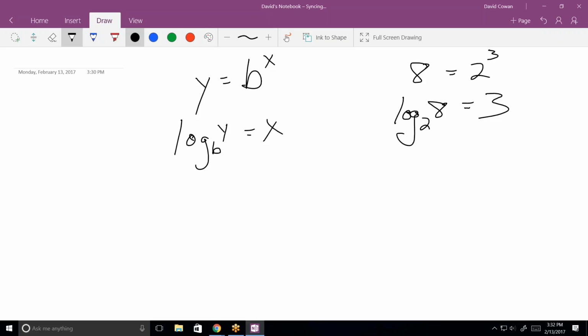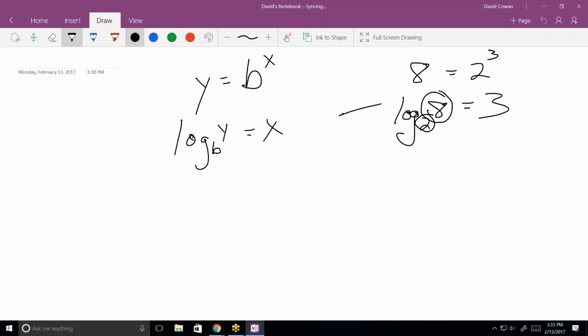Well, that's the exponential expression. But if I'm talking about this with somebody, I'm going to say log base 2 of 8 equals 3. And I'm going to call the 8 the argument. In other words, the 8's the argument, the 2 is the base, and the 3 doesn't need any description.